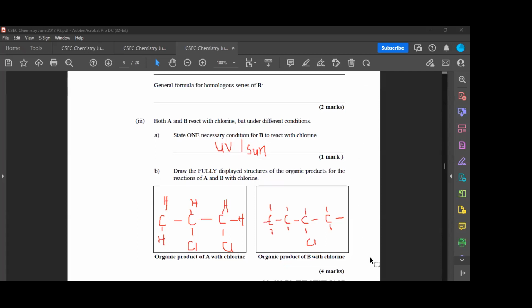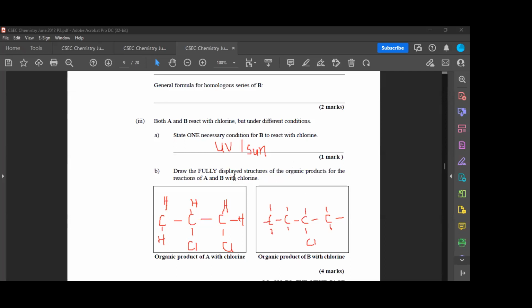Sir, how do we know that these are what we're supposed to draw? Like, how do we know we're supposed to add only 2 chlorine?